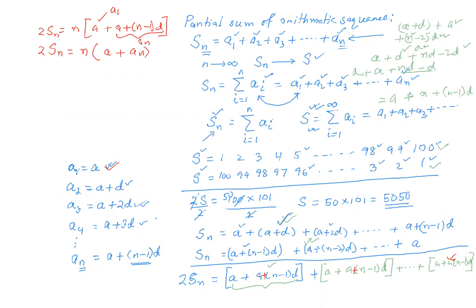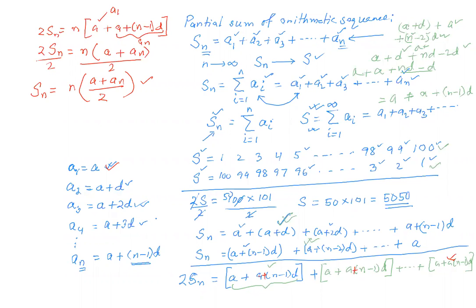And if you divide both sides by 2, you get S sub n is equal to n times (A plus A sub n) over 2. And this is the formula for partial sum for arithmetic sequence.